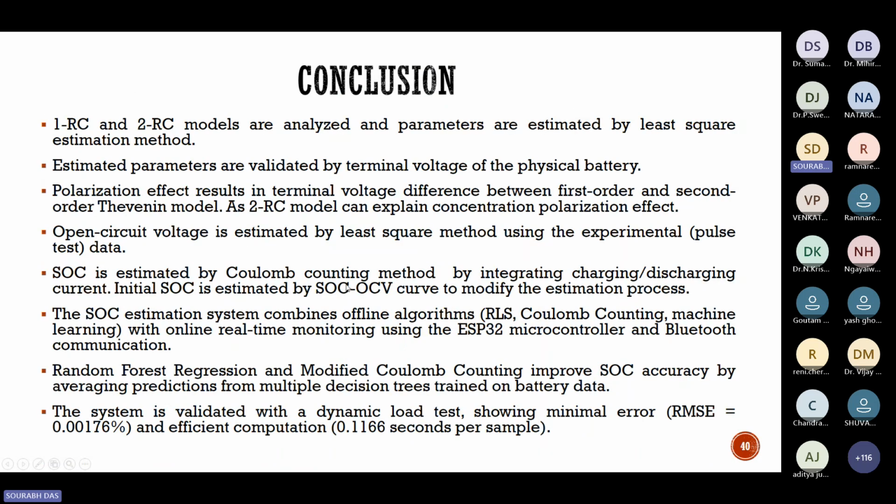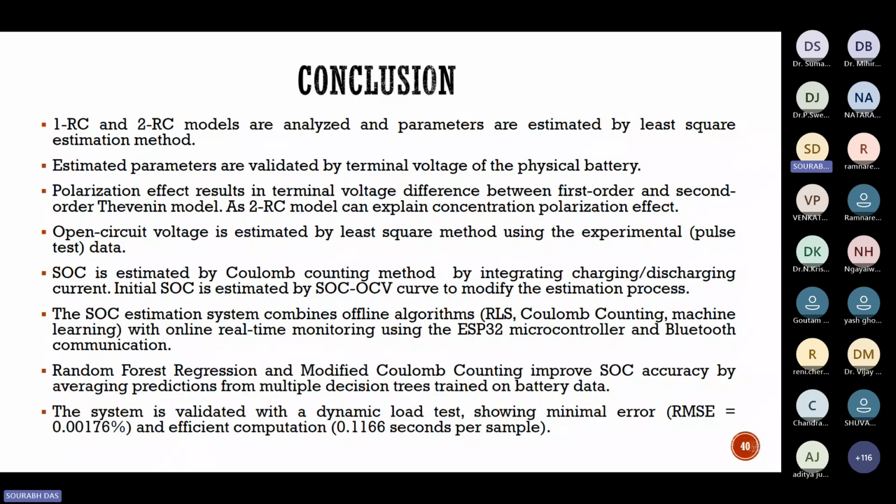Now the conclusion. Here what we have discussed is that 1RC and 2RC models are analyzed and parameters are estimated by the least square estimation method. Then the estimated parameters are validated by the terminal voltage of the physical battery, meaning the data tested using the Chroma instrument.